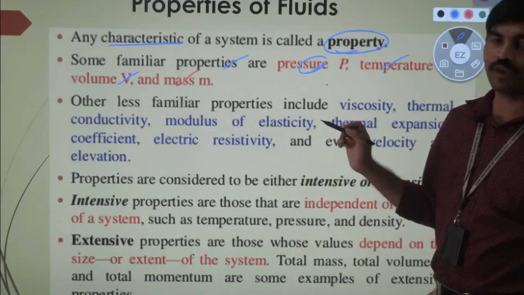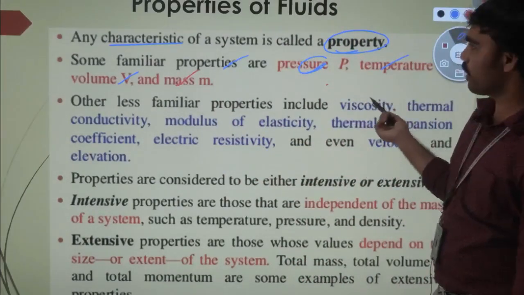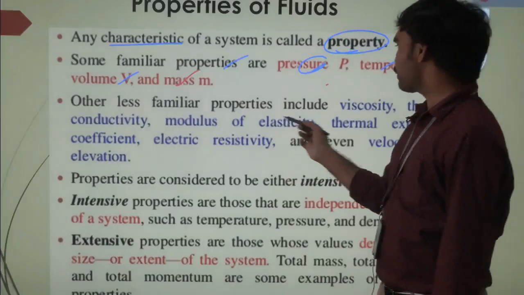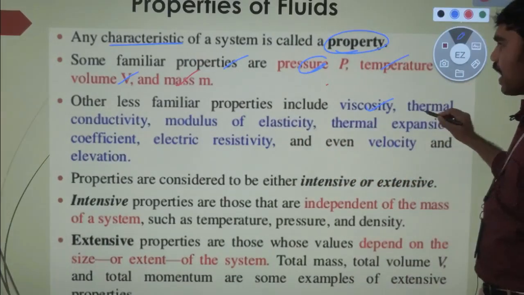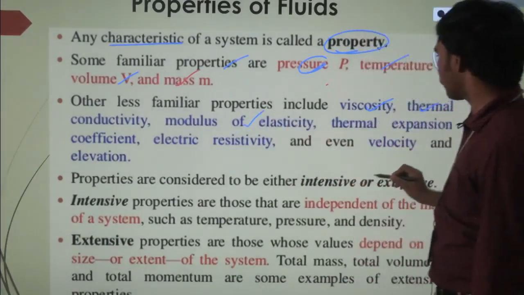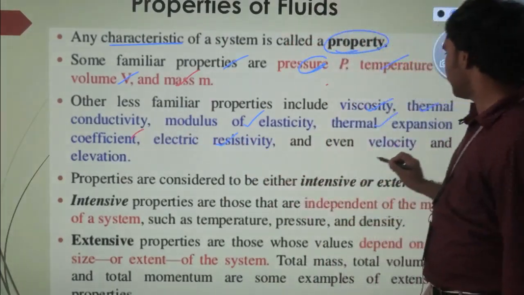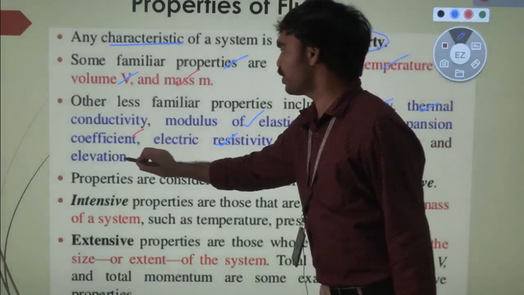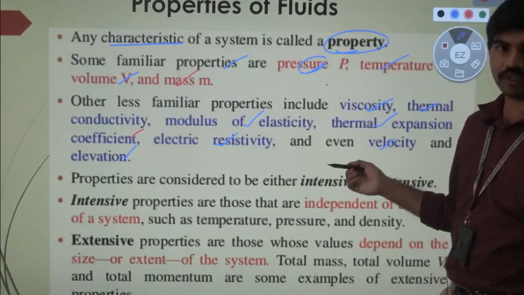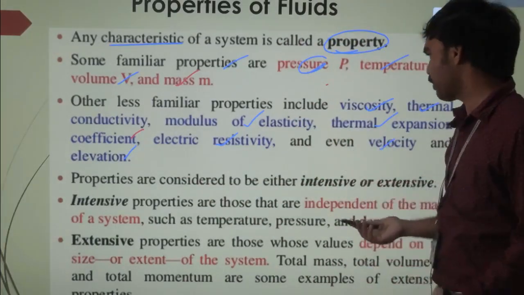So these are the most familiar properties of a system: pressure, temperature, volume and mass. Other less familiar properties are viscosity, thermal conductivity, modulus of elasticity, thermal expansion coefficient, electric resistivity, velocity and elevation. These are also properties, which we may not use for regular purposes.